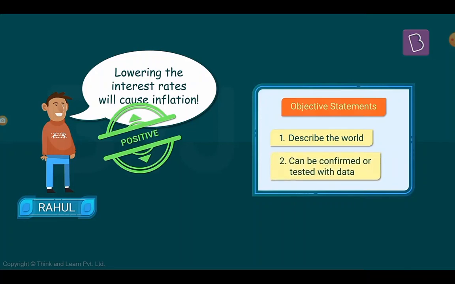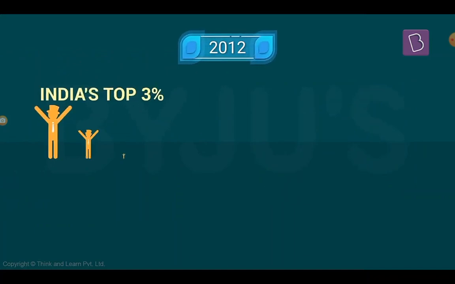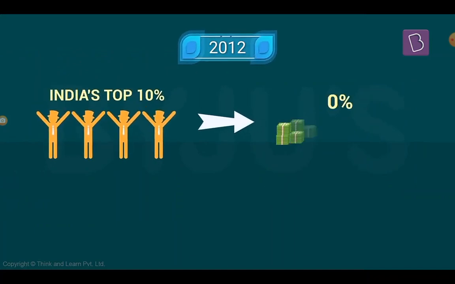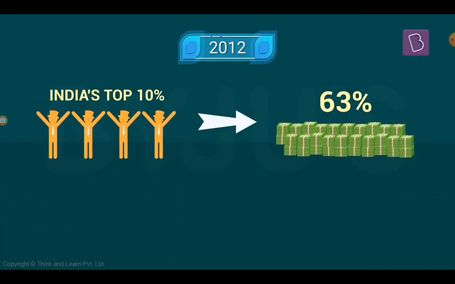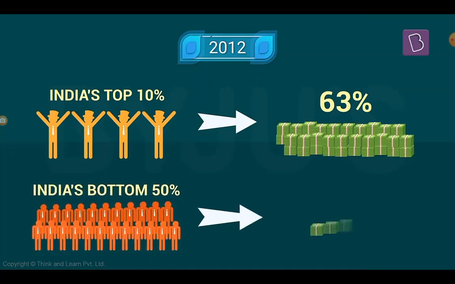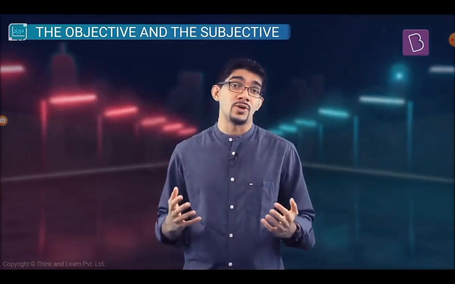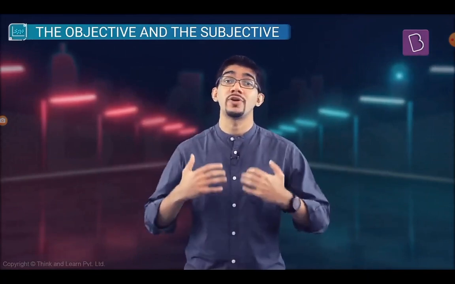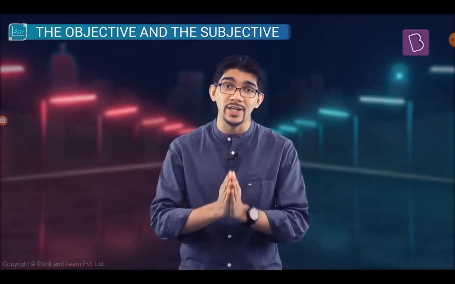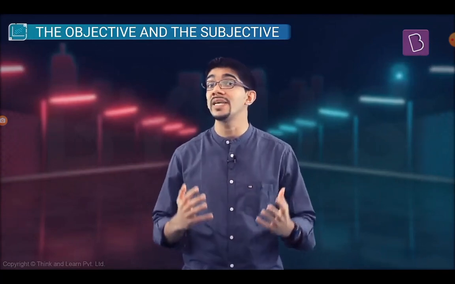For instance, it's a fact that in 2012, India's top 10% owned 63% of the country's wealth and the bottom 50% owned only 5.3%. Such descriptions of what has happened or predicting what will happen is part of positive economics or positive economic analysis.